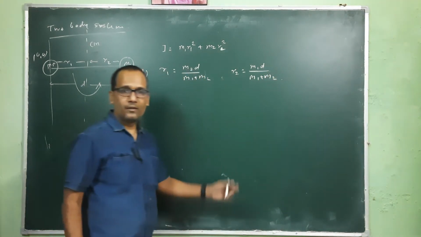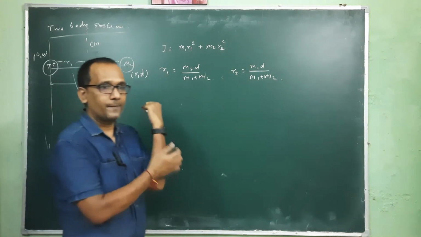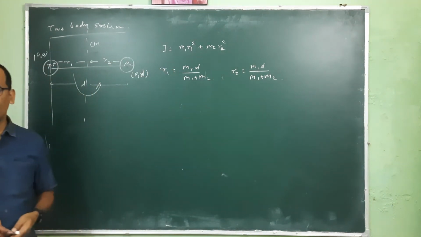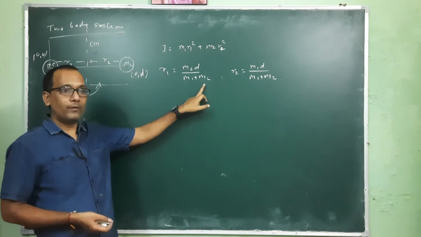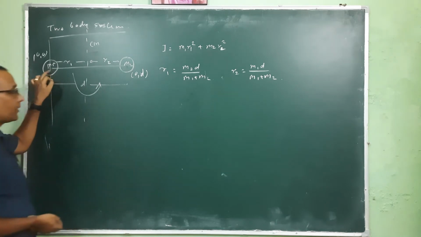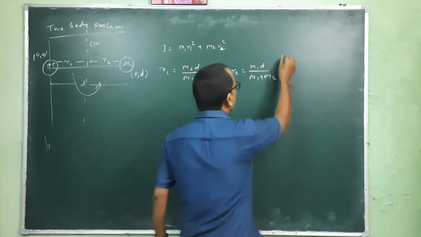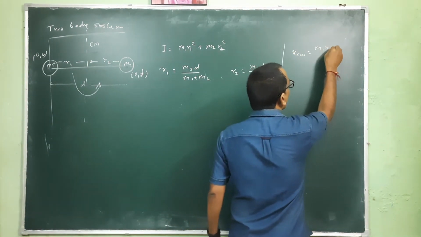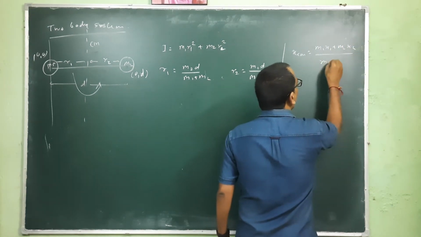If you remember, we had this calculation when we were talking about center of mass. There, r1 is equal to m2d by m1 plus m2, when we consider the first body situated at the origin. What was that formula? xcm was equivalent to m1 x1 plus m2 x2 by m1 plus m2.